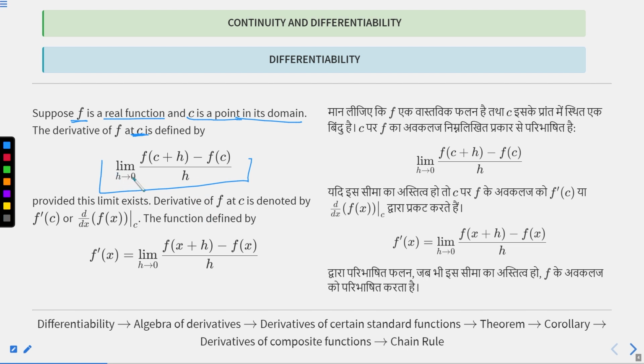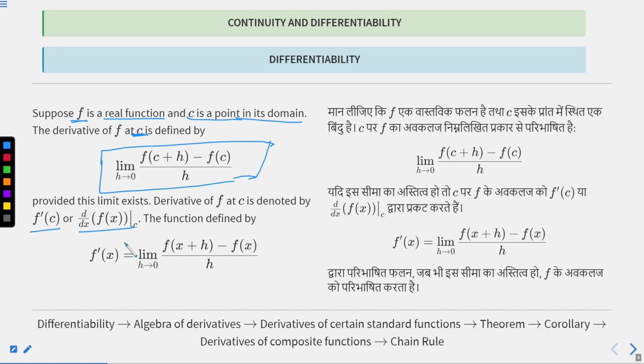So limit h tends to 0 of f of c plus h minus f of c divided by h, provided this limit exists. If this limit exists, then we say that the derivative of f at c exists and it is denoted by this, or in other notation by this thing.